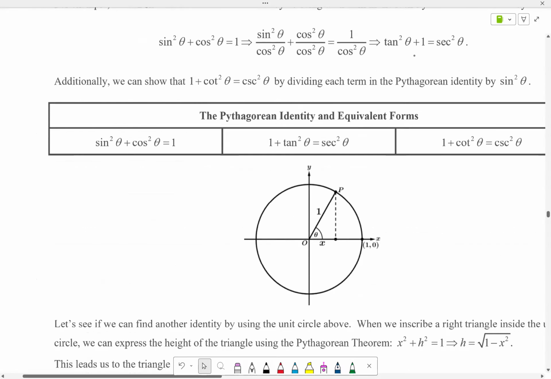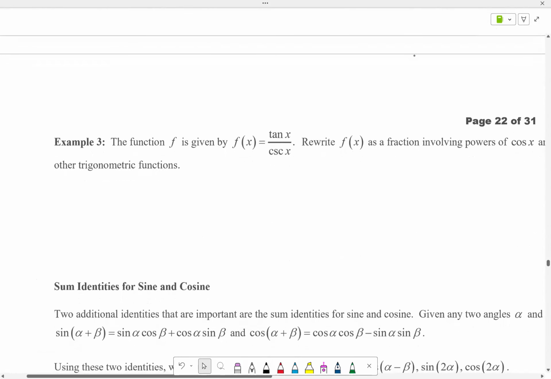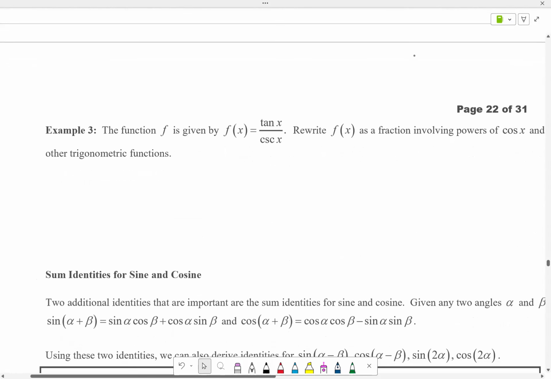Okay, let's do a tricky one. This one, example 3. Let's try that one.